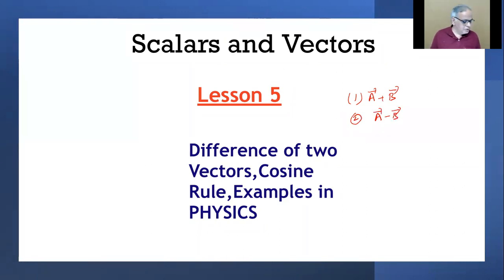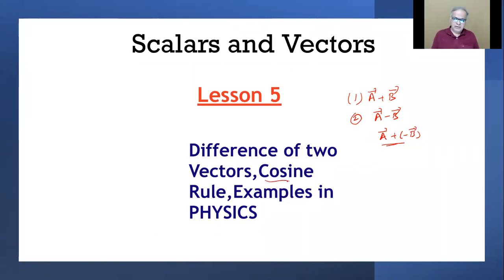Though we simply say difference is like sum only, like A plus of minus B, it is not so simple. When you apply it to physics, it gives a completely different physical meaning. So we'll define the difference of two vectors and tell how you differentiate it from sum of two vectors.